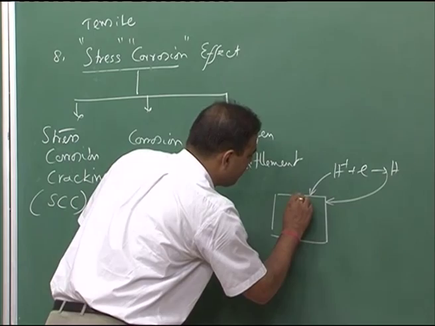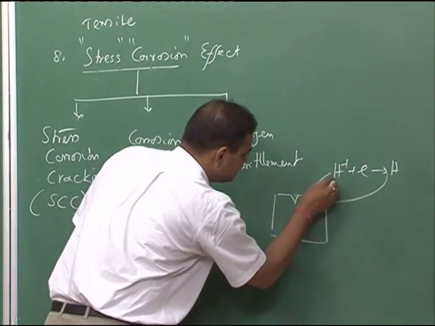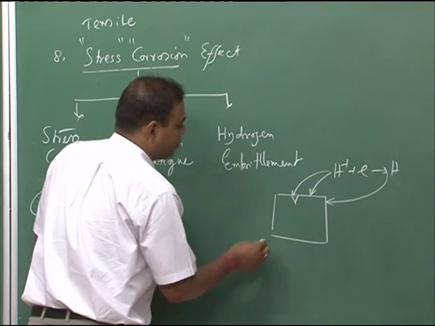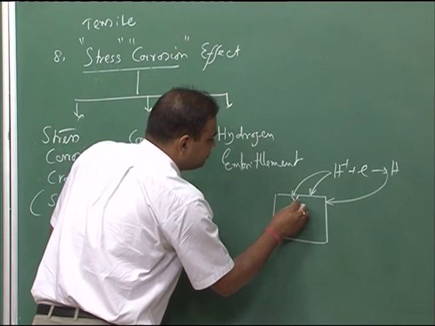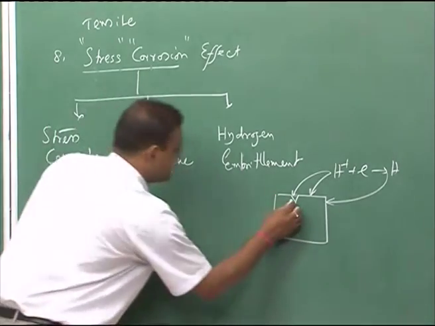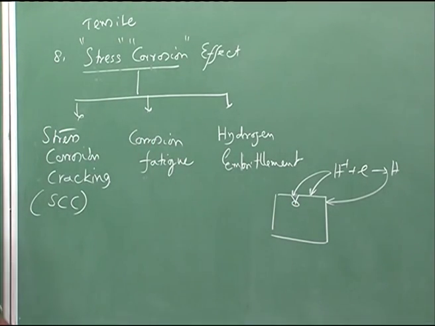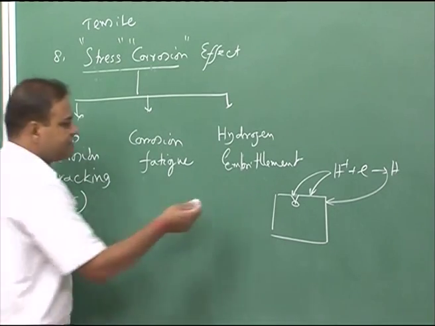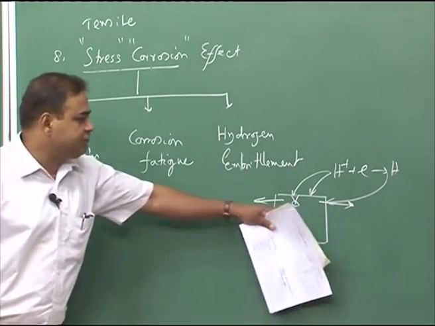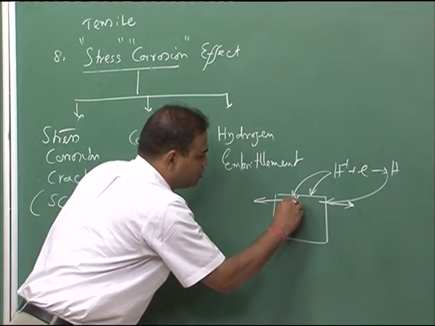Let us say there is a small crack, and in this zone this reaction is happening, and this atomic hydrogen will be absorbed, and finally it will react with hydride-forming elements, and the hydrides will form around this zone, and those hydrides are very brittle in nature. So, since this metal object is under tensile load and the brittle phase is forming, immediately this crack will grow to this part.